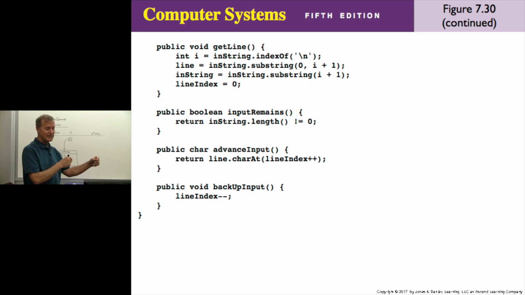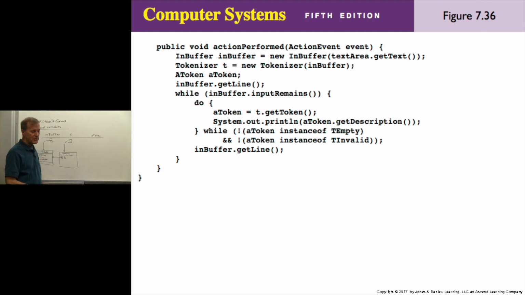Line gets in-string dot substring from 0 to I, so that makes line get the first line. And then the next one peels it off. So in-string gets in-string dot substring I plus 1. So that peels off the first line. And then line index gets 0. So that sets up the buffer for streaming from the first line. All right, so that's in buffer dot getLine.